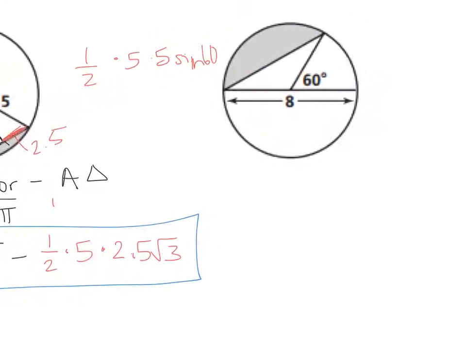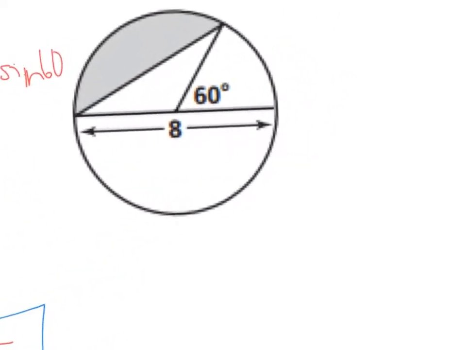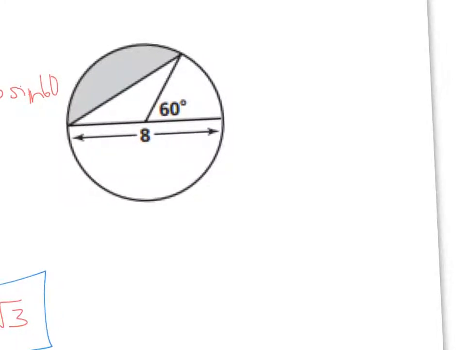And then the last one. I'm going to do the area of the sector minus the area of the triangle to get the segment. The area of the sector is, I know this says 60 degrees, but I actually want this degree, which is 120.